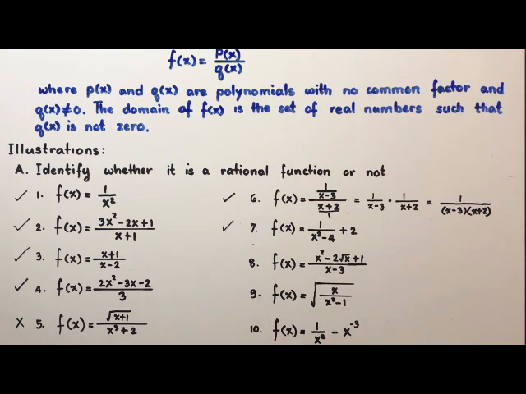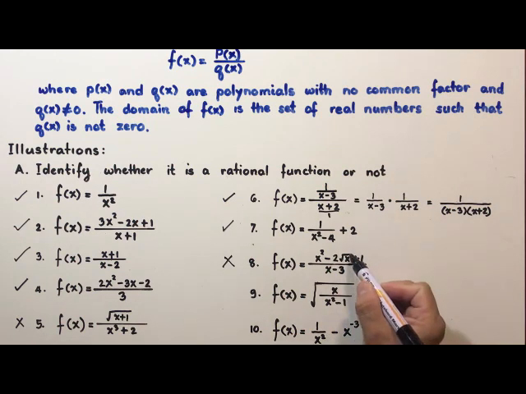Number 8, f of x is equal to x squared minus 2 square root of x plus 1, all over x minus 3. Is this a rational function? If your answer is yes, then you are not right, because this is not a rational function because of this square root of x.